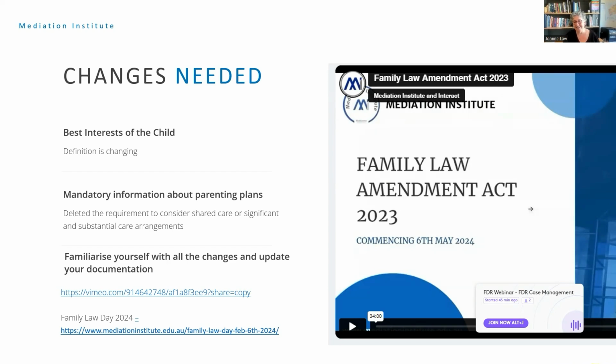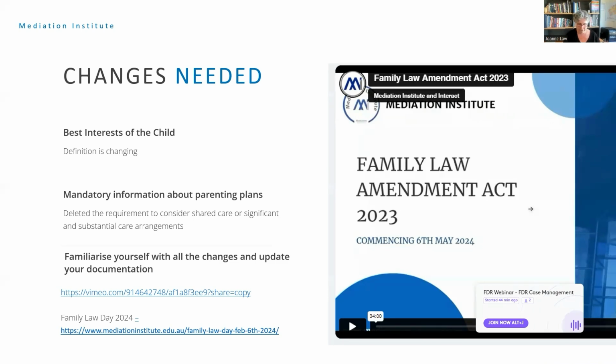But these changes are going to necessitate all of us reviewing our documentation to make sure that they're ready for the changes. We're going to have to change the definition for best interest of the child, which hopefully you do have already in your documentation based on the current system, and the mandatory information that we had to provide to parents around them considering shared care or whether significant and substantial care arrangements are going to be reasonably practicable.